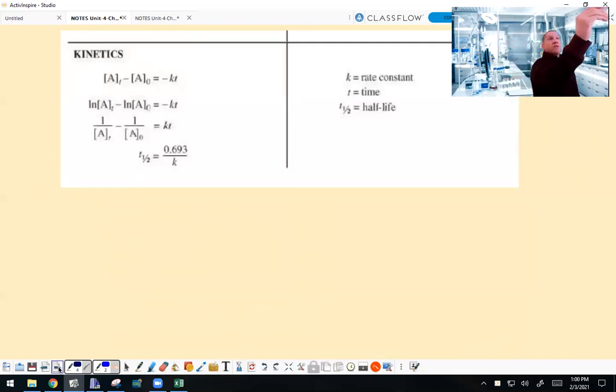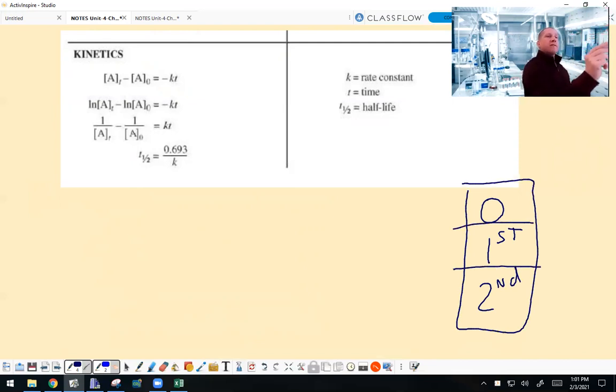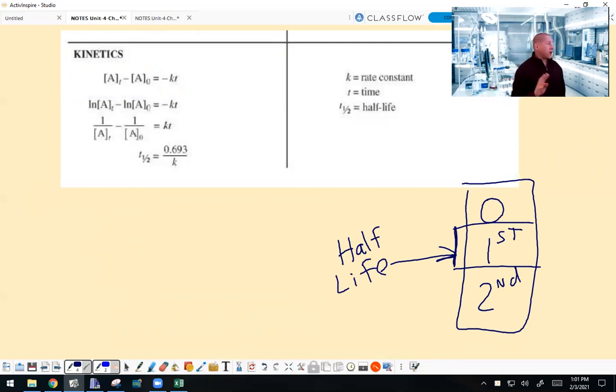Now, we have learned so far that there is zero order, there's first order, and there's second order. We haven't gone beyond that. These are the only three you have to know, and most of your time is going to be spent with the first one. And the reason for that is half-life. Now, all of these have a half-life, but radioactive decay, which is what they usually use, like how radioactive, say, carbon-14 is, is a measurement of half-life, and they're all first order.